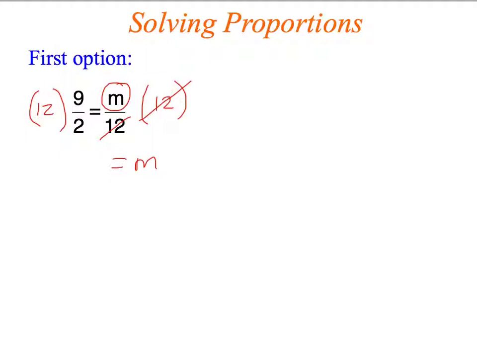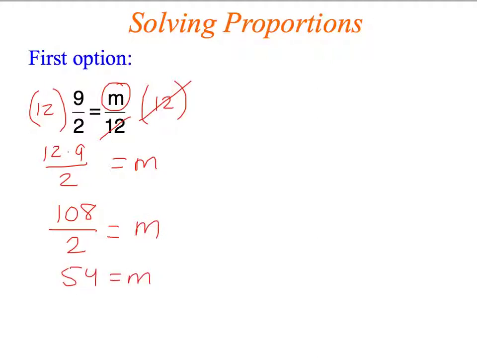And over here we get 12 multiplied by 9 divided by 2. You could go ahead and multiply 12 times 9, which is 108, and divide it by 2. And then you get 54 equals m.